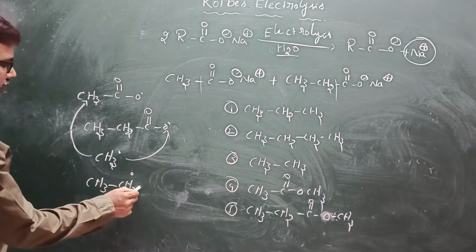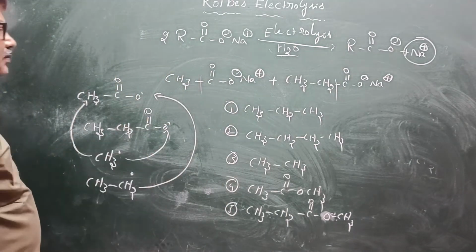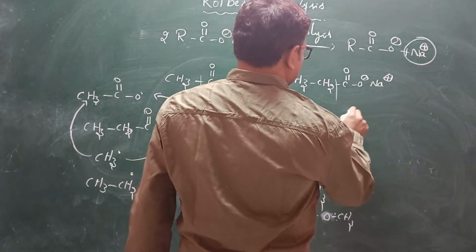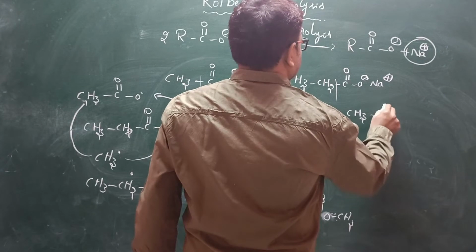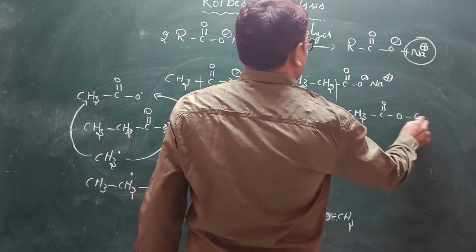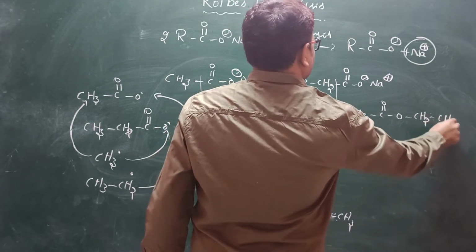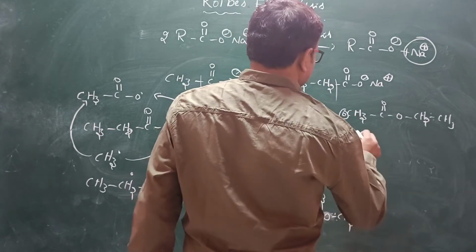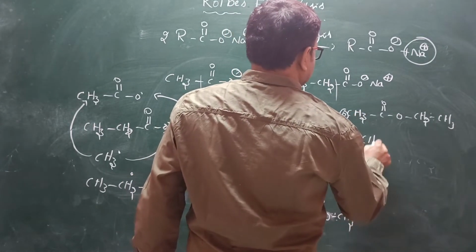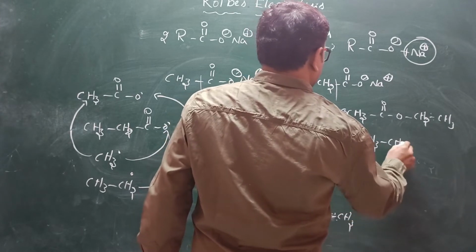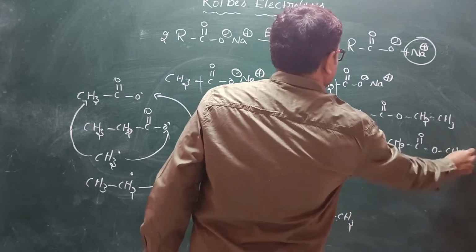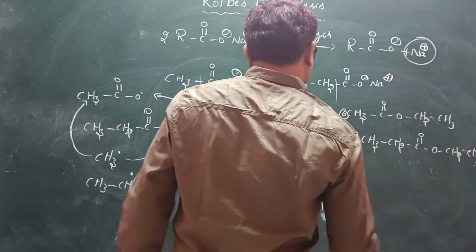Another possibility, this free radical attacks here, CH3C=OCH2CH3. This is product number 6. When it attacks here, product number 7, CH3CH2C=OCH2CH3.